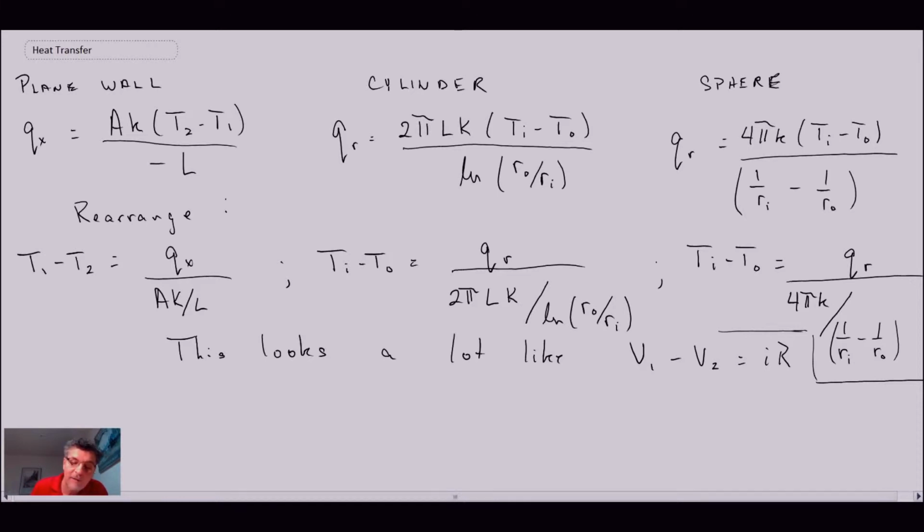And this is the basis of our analogy. If we look at a resistor, we know that we have voltage 1, and then a voltage drop across our resistive element. We have current flowing in, and by continuity the current continues flowing and flows out, but there is a voltage drop.